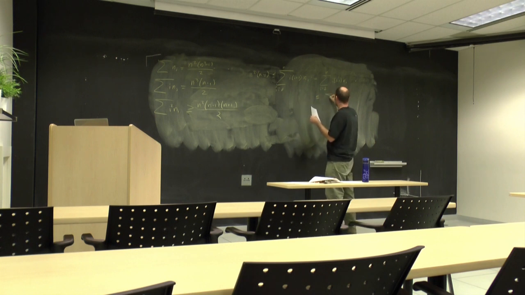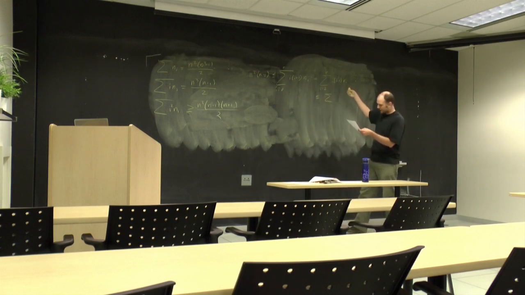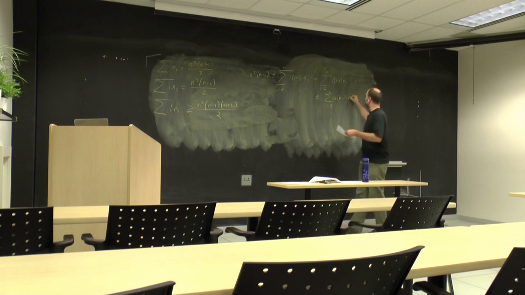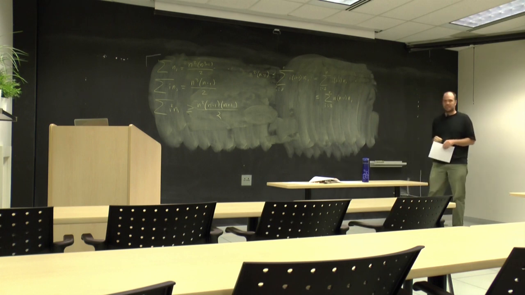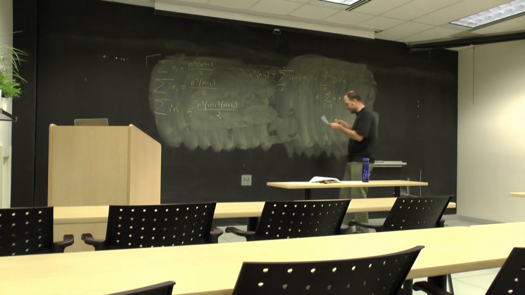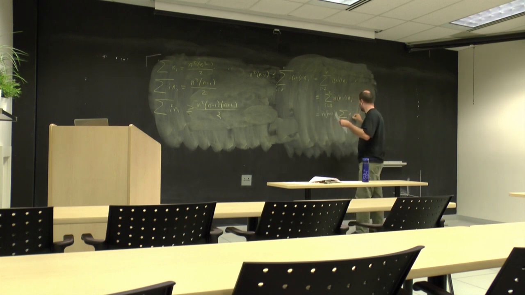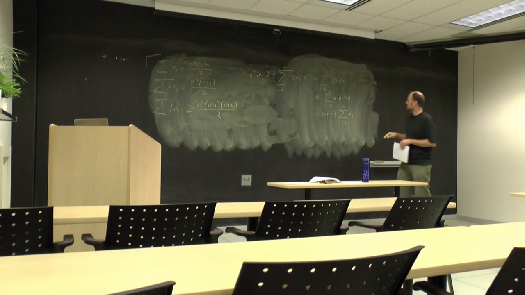Because I know i is always less than or equal to n, I can make an upper bound where I replace the i's by n's, and this I can just calculate out. I don't know exactly what that is, but I can pull these constants out.